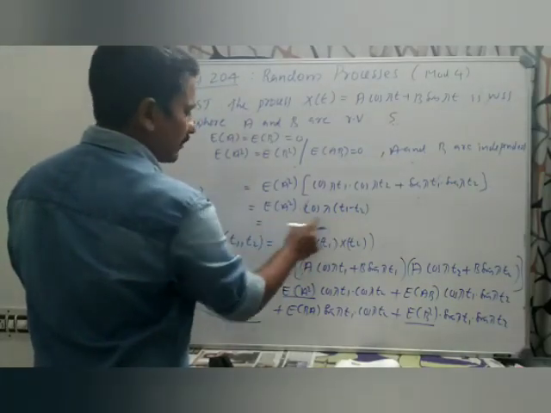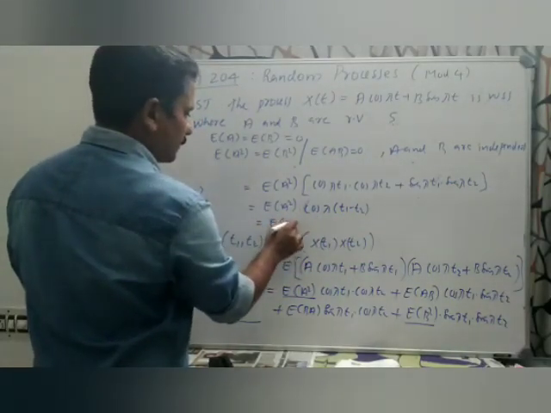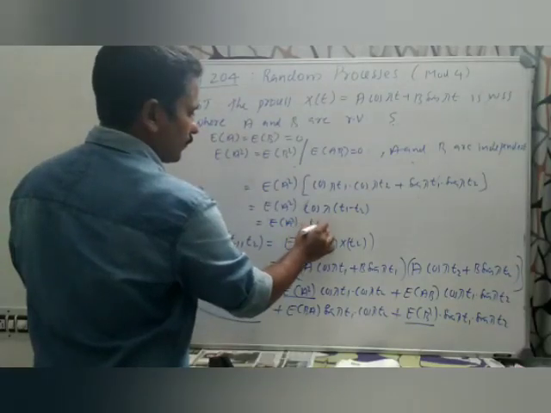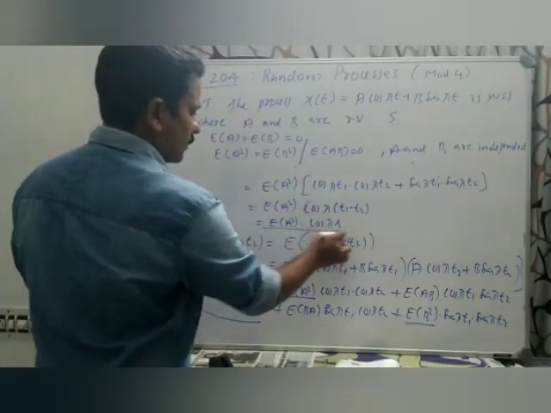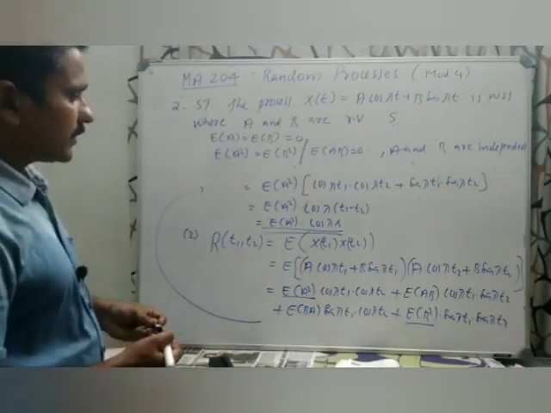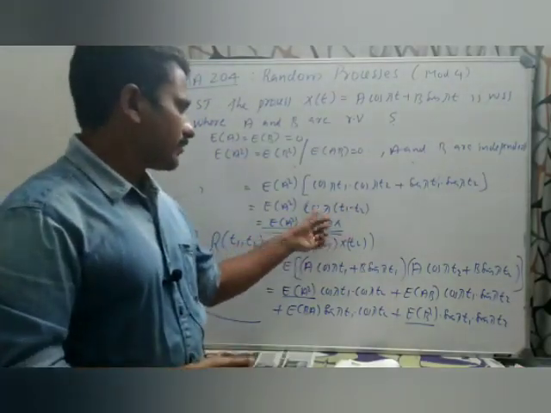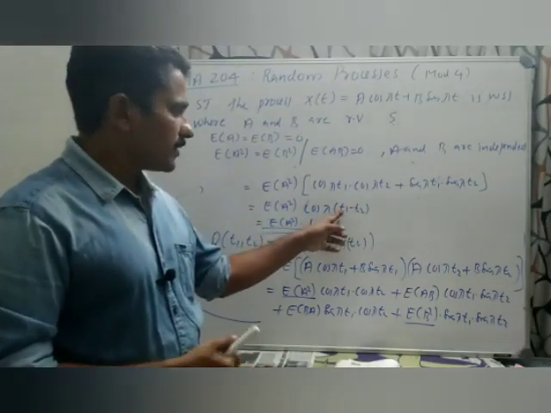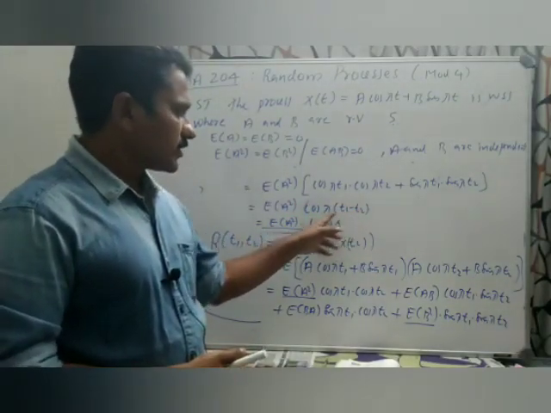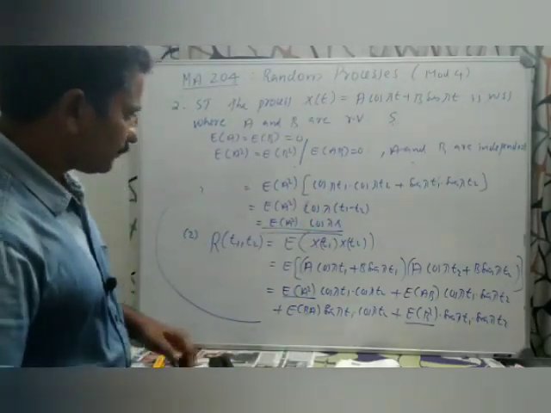It's again a function of t2 minus t1. Right? So this one is a function of t2 minus t1. And cosine is an even function, so t2 minus t1 and t1 minus t2 are the same in this case.